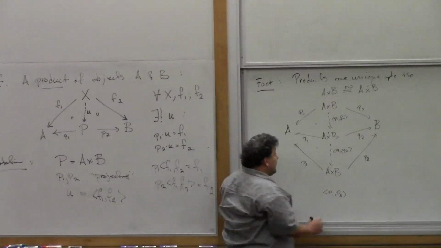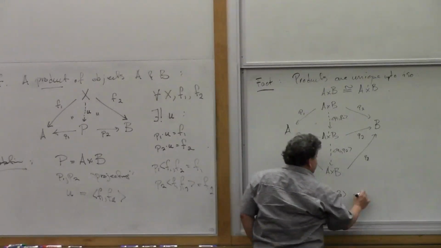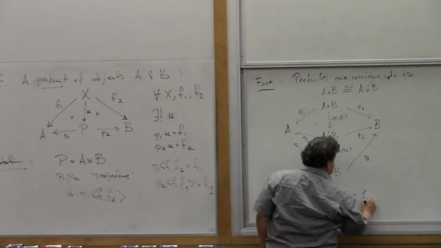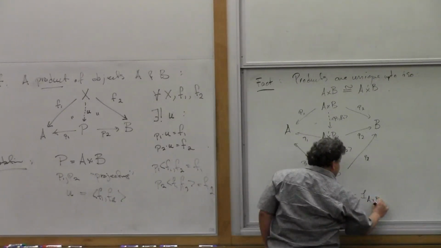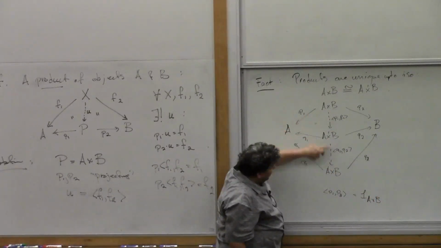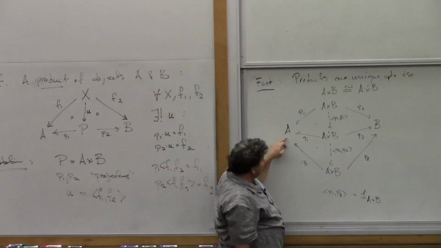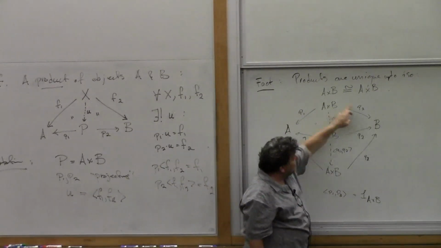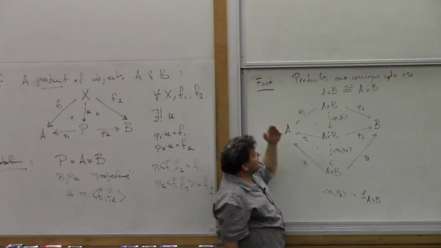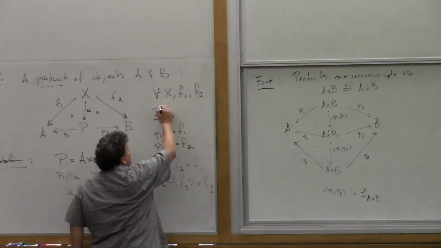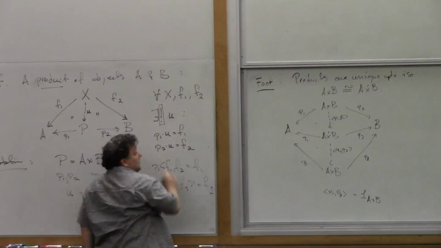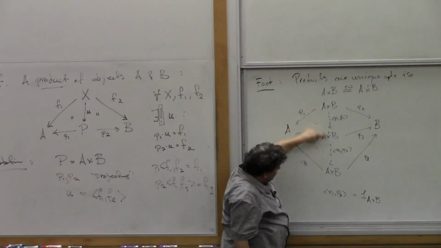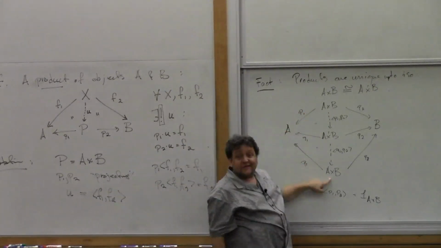And so it follows that this must be the same as the identity on A × B. Because if I put the identity map in here and compose it with P1, I'll get P1. If I put the identity map here and compose it with P2, I'll get P2. And by the uniqueness clause, right here, this vertical composite must be the identity.